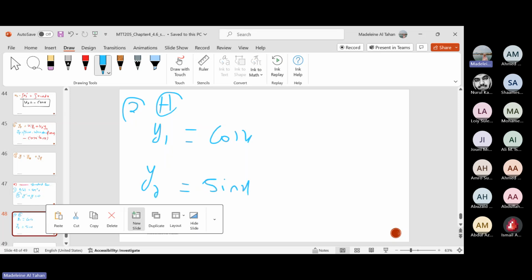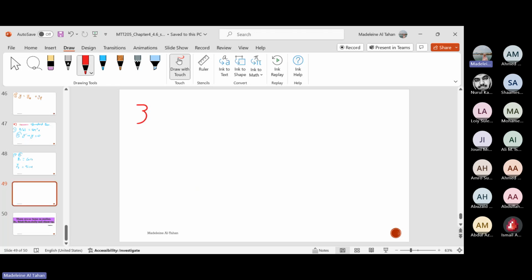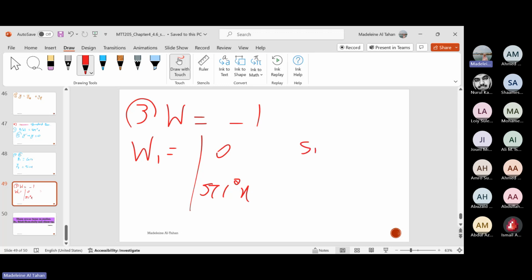Now the W, also we solved it. We got it as 1, right? W1 is the determinant with 0, secant square x, and sine x, cosine x. So W is 1.